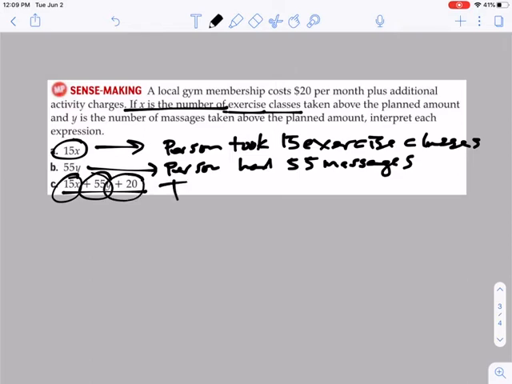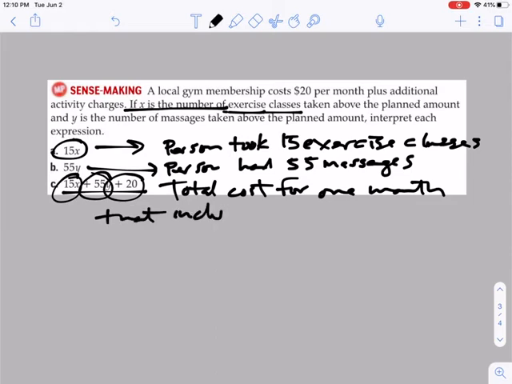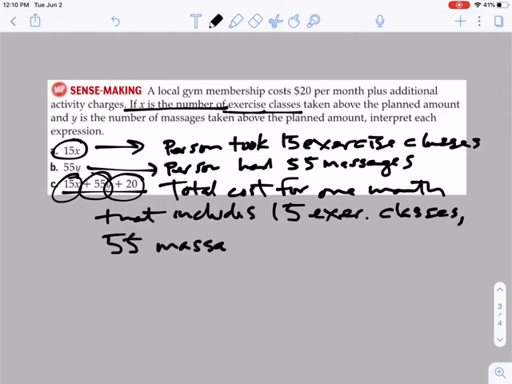Well, this is their total cost for 1 month, and you could say that includes 15 exercise classes, 55 massages, good Lord, and the $20 per month fee.